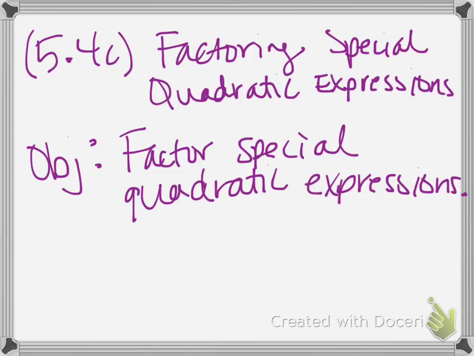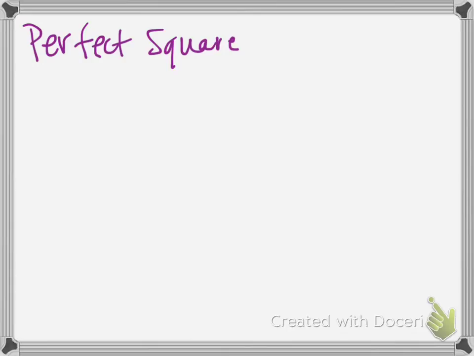The first one that we're going to look at is called the perfect square trinomial. Now, for the perfect square trinomial, truly you could just factor normally and then find out after you factor that it was a perfect square trinomial. You know, there are some things that you can look for.